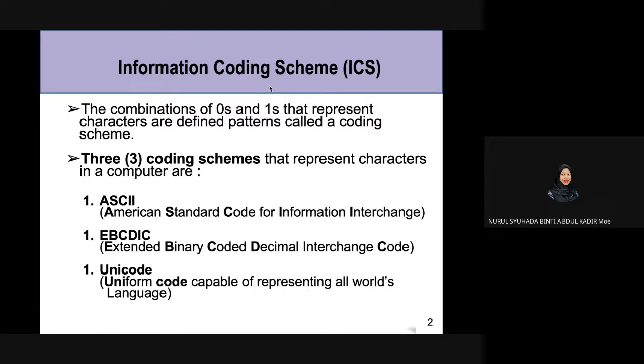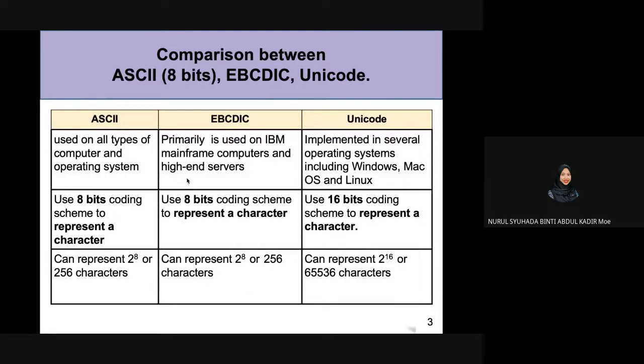Ada 3 jenis. Okay, so now ini penting juga, ini ada ya dalam UPS, so dia suruh compare between ASCII, EBCDIC and also the Unicode. So first of all, you need to know ASCII ni dia pakai dekat mana kelas. So first, ASCII ni dia pakai dekat all types of computer and operating system.